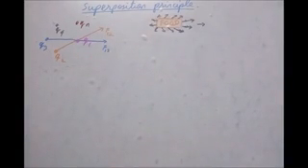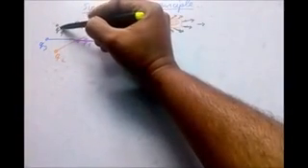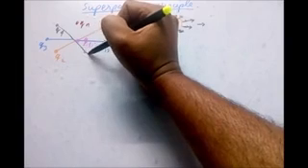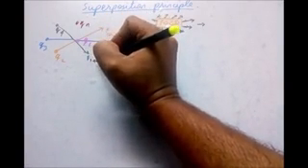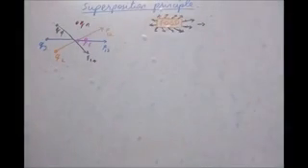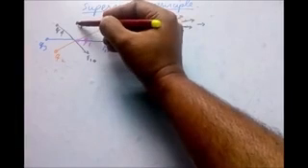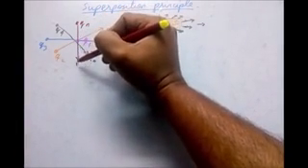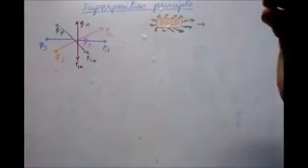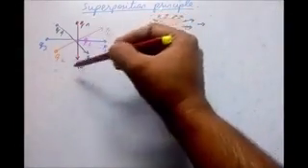The next one, q4, will give a force like this, which we'll mark as F14, force on 1 due to 4. And this is the nth charge; there are many charges here. This force will be F1n. Now we have to add all these forces vectorially.